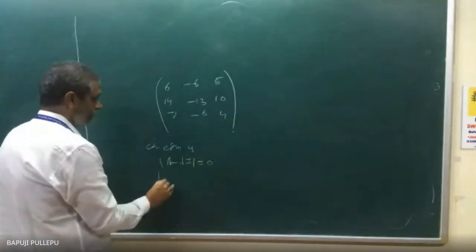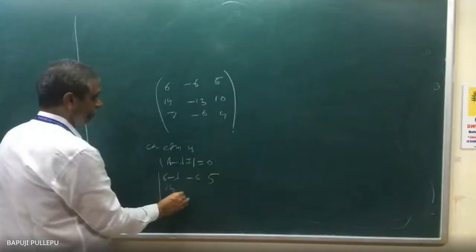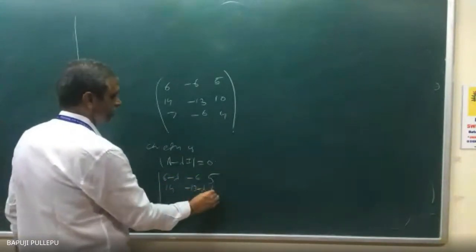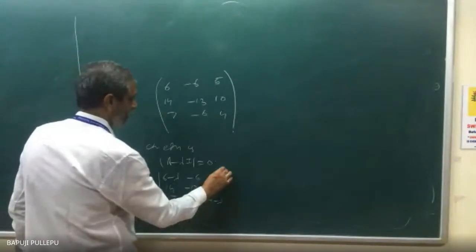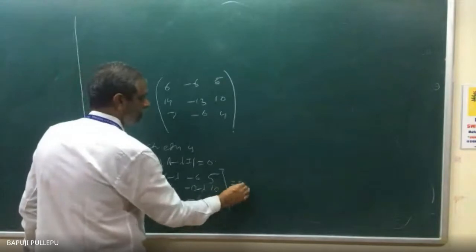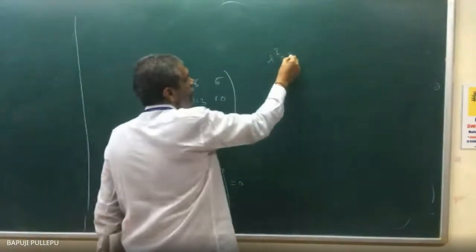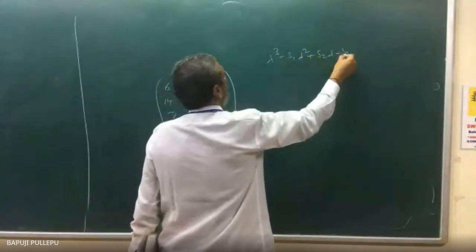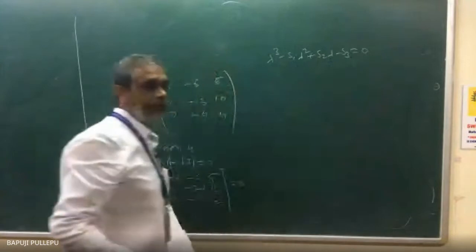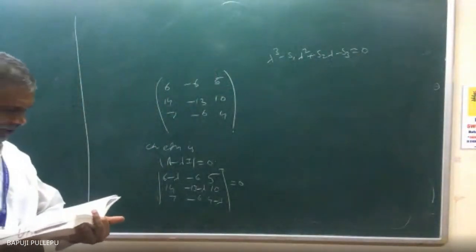This implies 6 minus lambda, minus 6, 5; 14, minus 13 minus lambda, 10; 7, minus 6, 4 minus lambda, equal to 0. This gives lambda cube minus S1 lambda square plus S2 lambda minus S3 equal to 0. I am taking everything for granted, but you can try. This is what you will get.